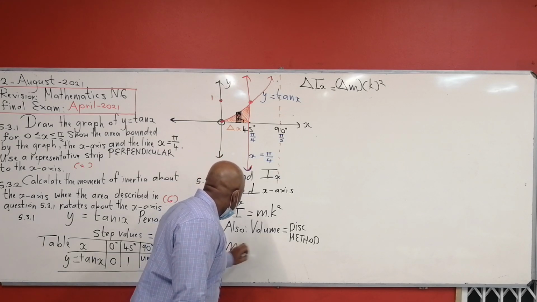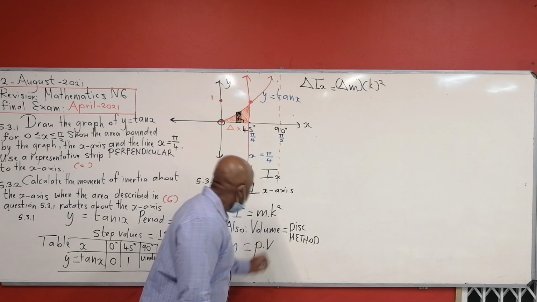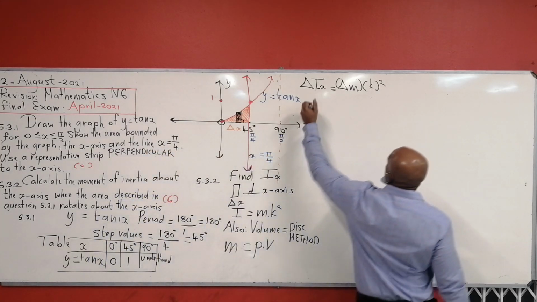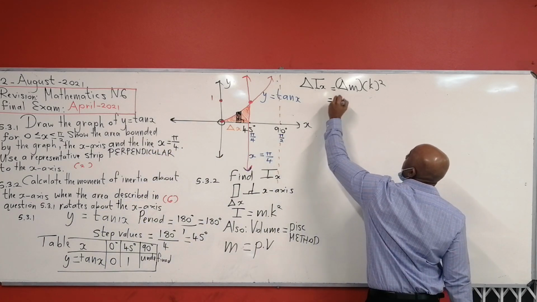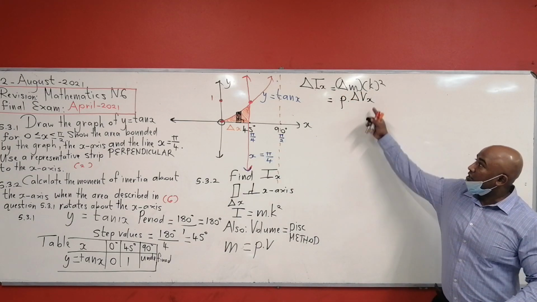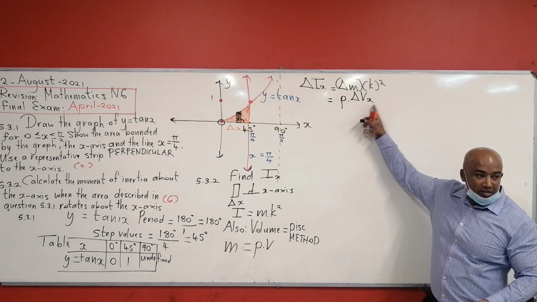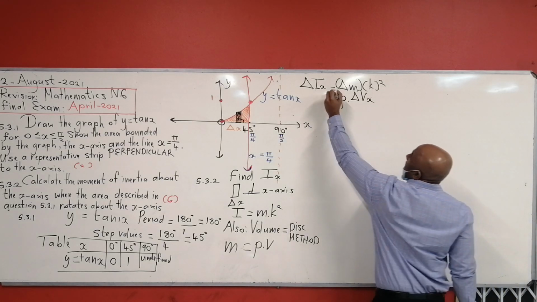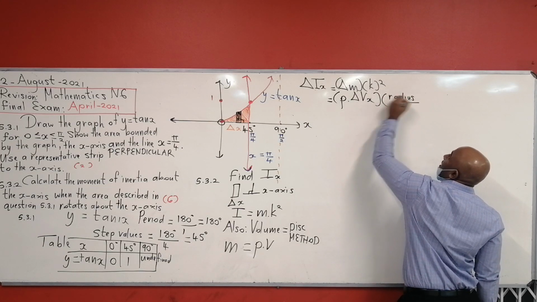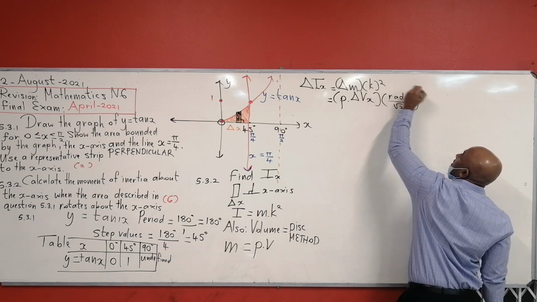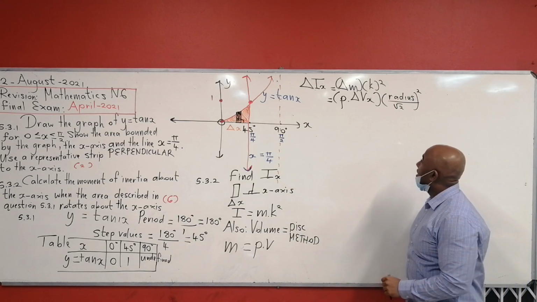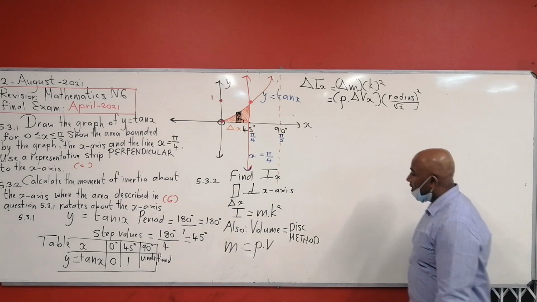Mass is equal to density times volume, so M is equal to rho times V. So I'm going to go rho times delta Vx because we are rotating about the x-axis. And k is the radius divided by square root 2, and that's all squared.